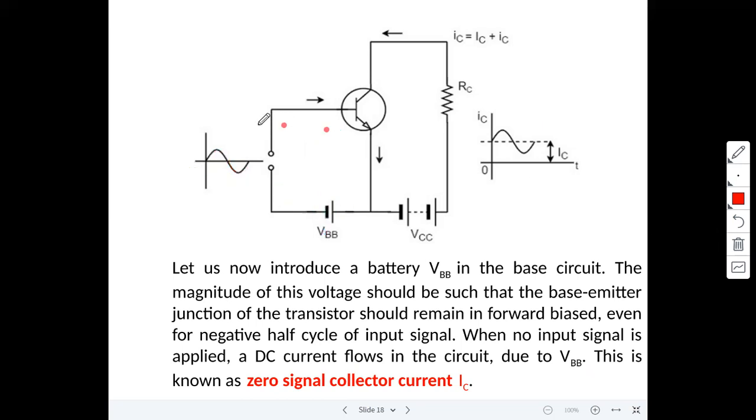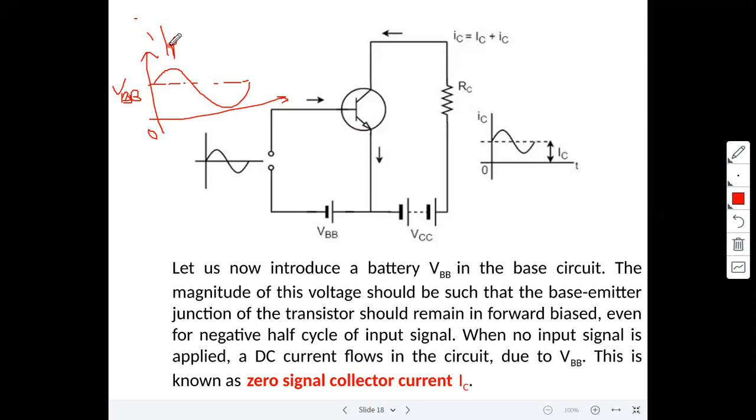I drew it here. Now the input signal becomes like this: this is 0 and this is VBB. In that VBB, the input signal is superimposed. Now this DC level changes here. This is the VBB, and this is the input. For the positive cycle, no problem. Input is positive and the biasing is also positive.